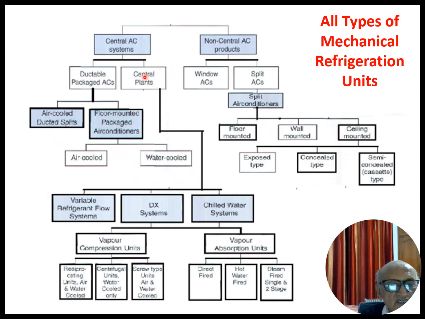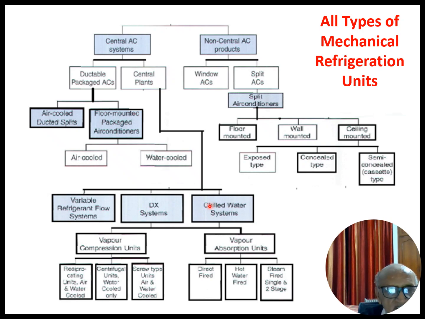In this central plant system, we have three choices: VRF, variable refrigerant systems, which go up to 40 tons. Then direct expansion systems, known as DX, are available up to 120 tons.